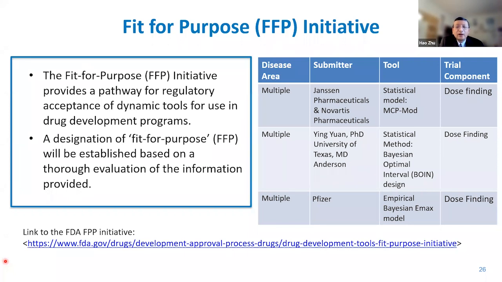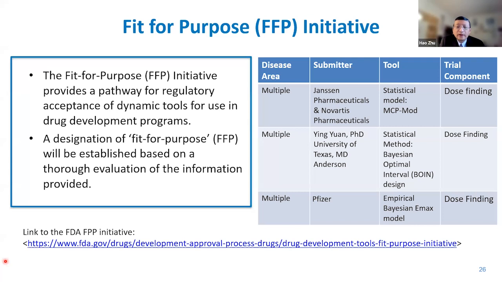A designation of fit for purpose will be established at the outcome of the review process. So far, we have granted 4 modeling tools, some of which are summarized in the table on the right-hand side of the slide. The first submission was a disease modeling tool for Alzheimer's disease, and the 3 other tools can be used to support those findings that we have listed here in the table.